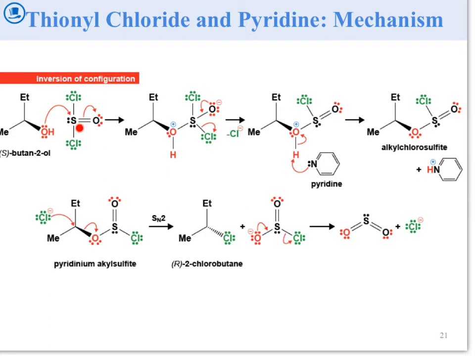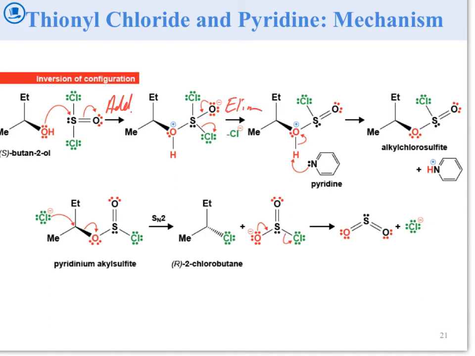We do the addition. This is an addition step. You add in. What did we do? We just made a tetrahedral intermediate. What do we ask ourselves when we make a tetrahedral intermediate? Do I have a good leaving group? Is chlorine a good leaving group? Oh yeah, it's a great leaving group. Right, we do the elimination.